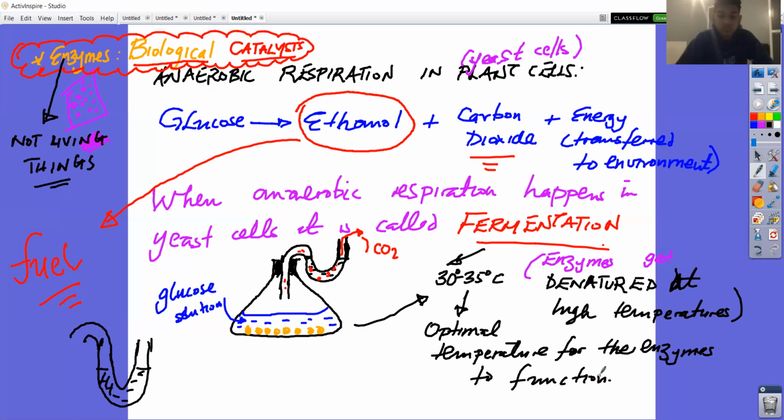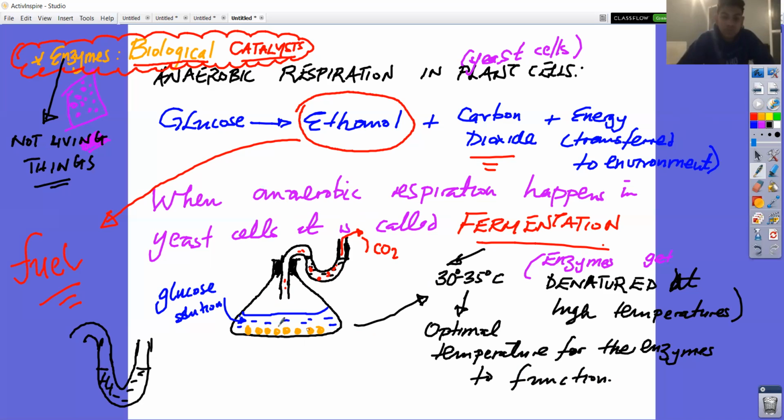So these are the key things you need to remember for this fermentation process. You need your yeast cells, a temperature of 30 to 35, a glucose solution, and a setup which does not allow oxygen to get into that reaction vessel.